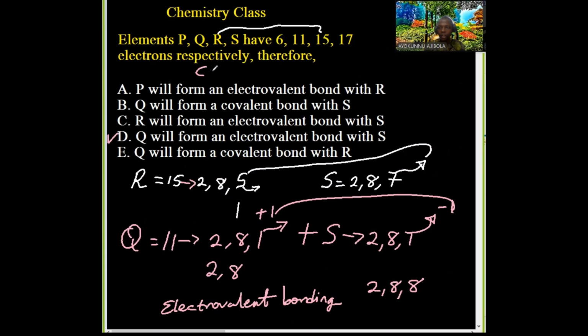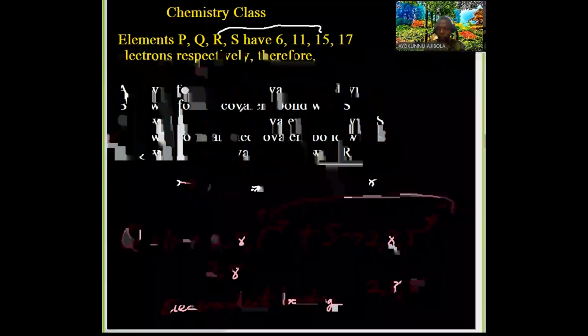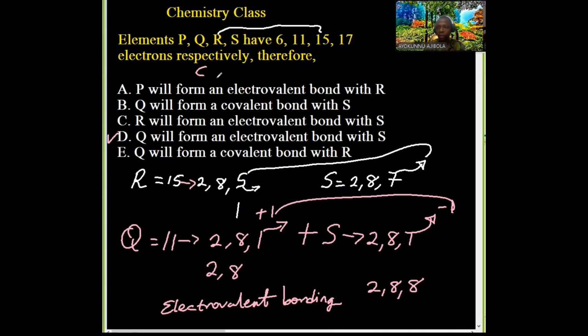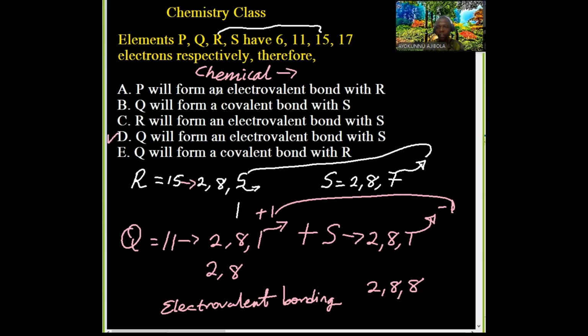In what situation are we going to have what is called hydrogen bonding? There are other kinds of bonding that go beyond just electrovalent or covalent or coordinate bonding. Is that clear? Yes, sir. So you have a lot of work to do. Even if there is no class, just be determined to read on chemical bonding. So take note of that.